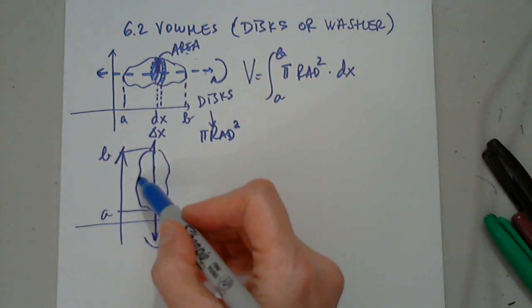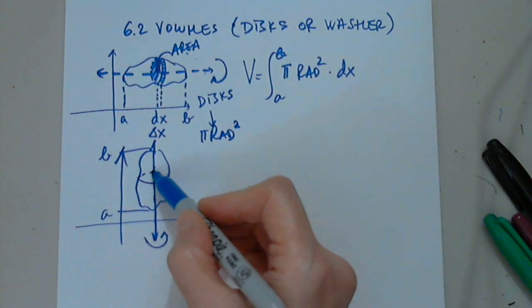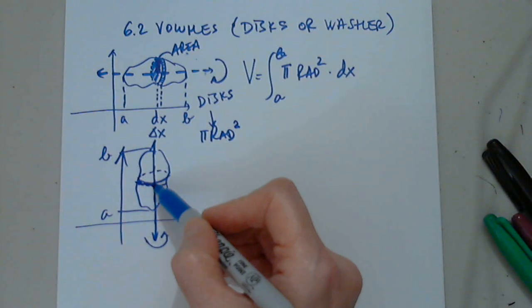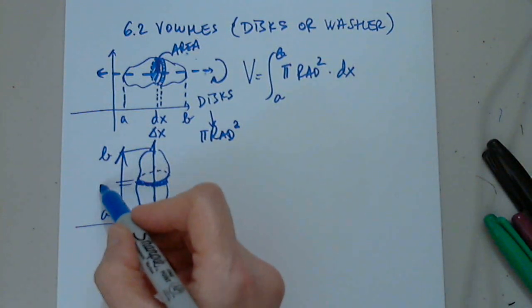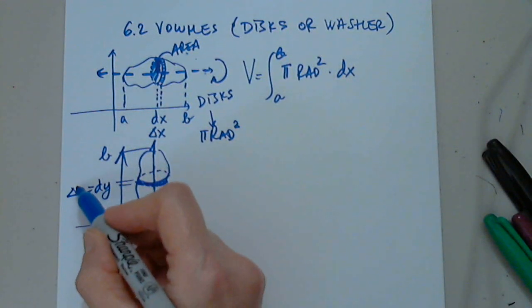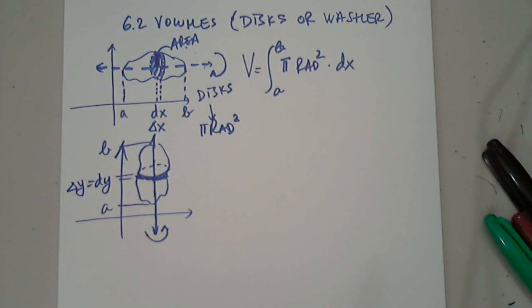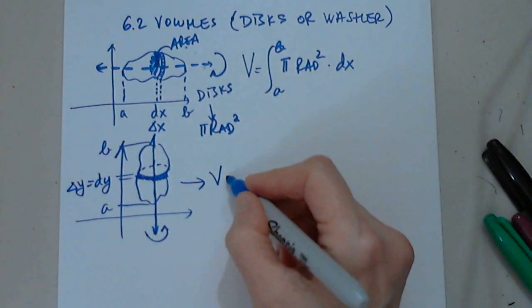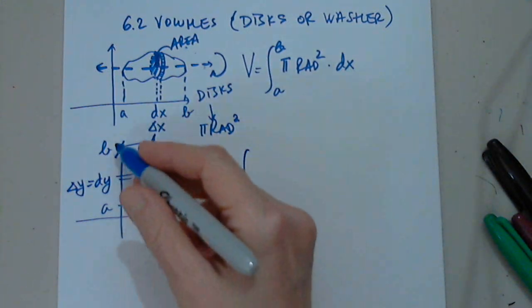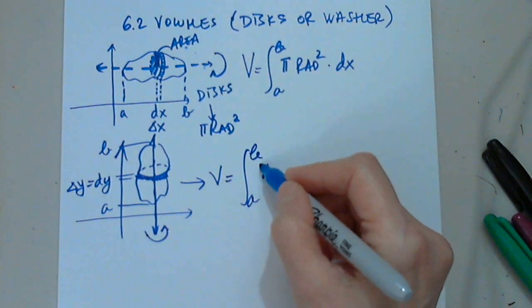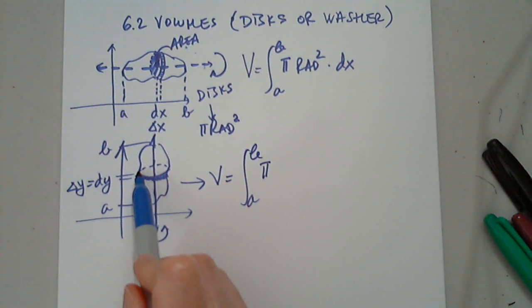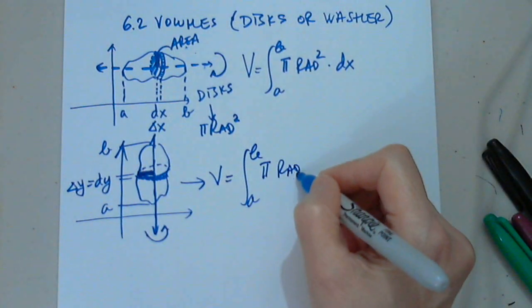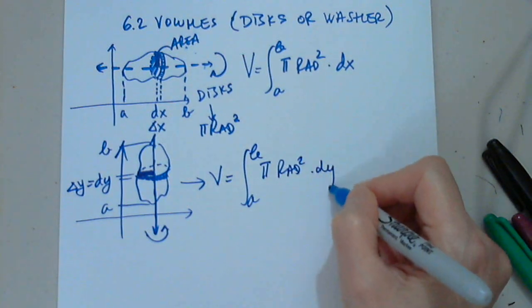So the volume, of course, we have the same picture, the same width, but this time it's the dy, delta y, the same thing. So the volume of this solid will be the integral from a to b, pi, the radius. What radius? This is the radius. Okay, so the radius squared, but this time times dy.